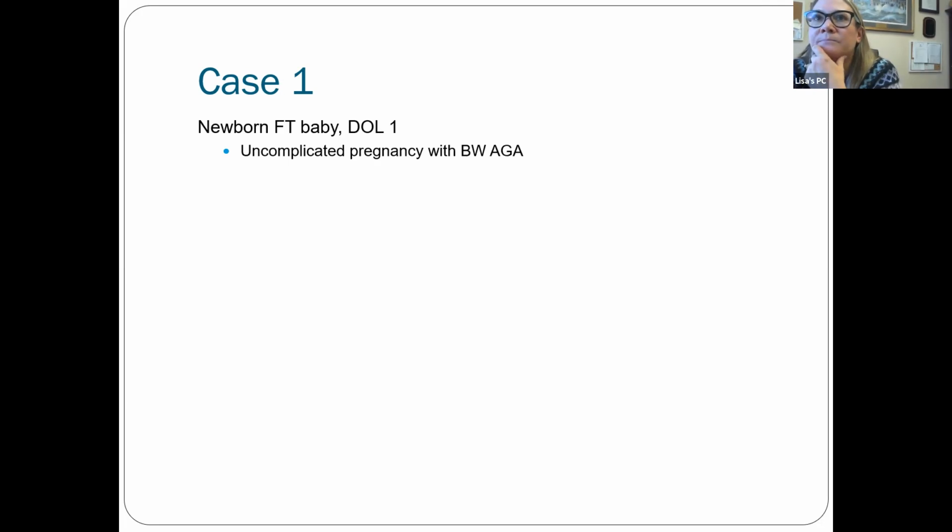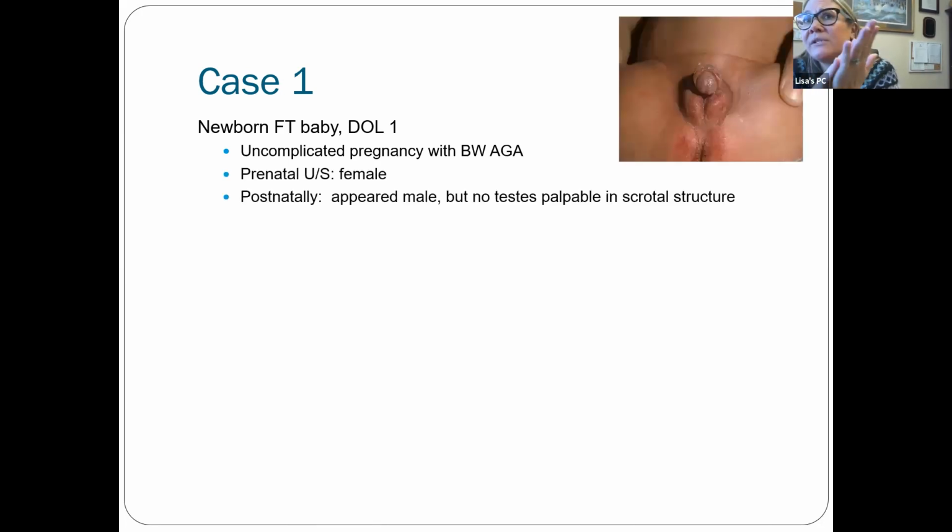Birth weight was normal. On prenatal ultrasound, they told mom that the baby was a girl. But when she was born, that's what her genitalia looked like. And so she clearly appeared more male. And I'm saying she now, I did not use the term she right away.